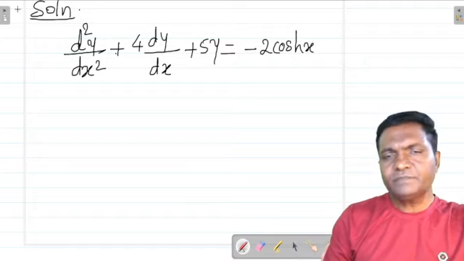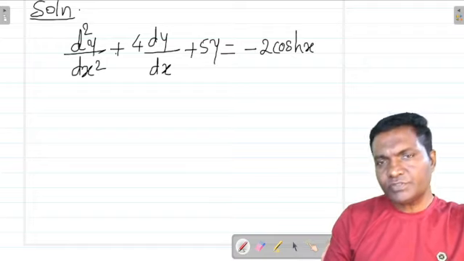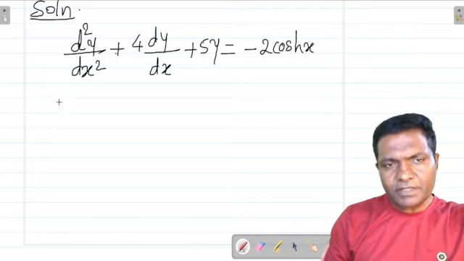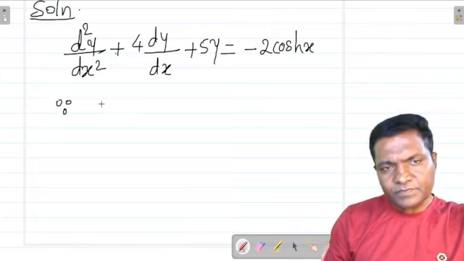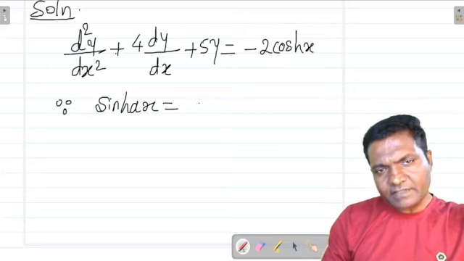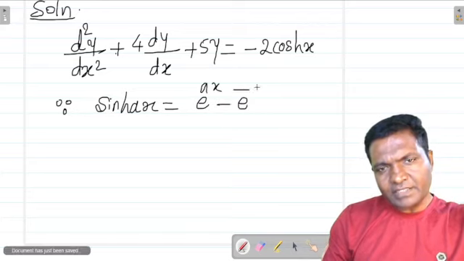PU syllabus this hyperbolic function is not stated anywhere. So remember this first. Sine hyperbolic ax is written in the form of exponential as e power ax minus e power minus ax by 2.